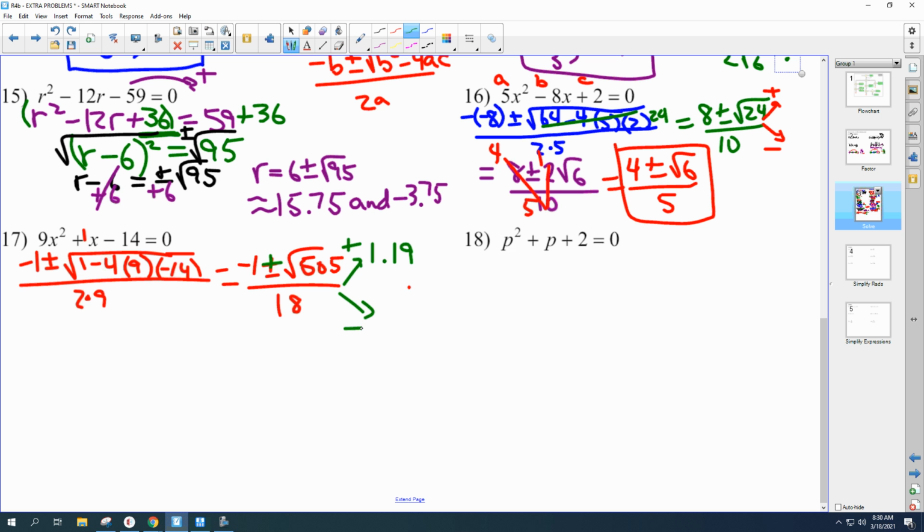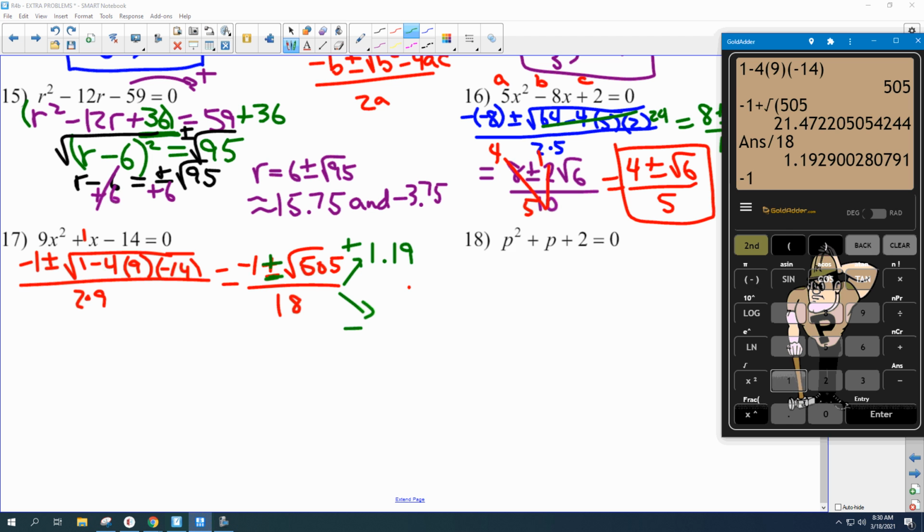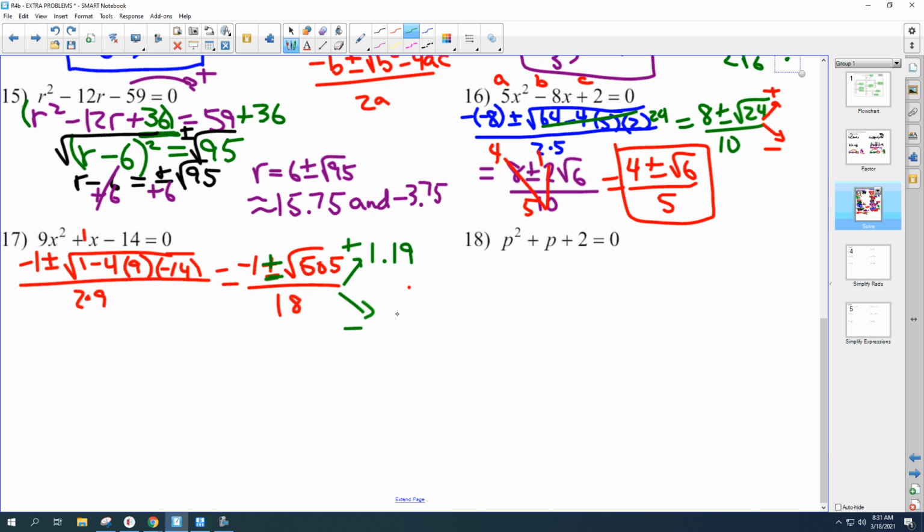And then if I subtract, that's when I subtract the square root of 505. Negative 1 minus square root of 505, you have to divide by 18. Negative 1.30, approximately.